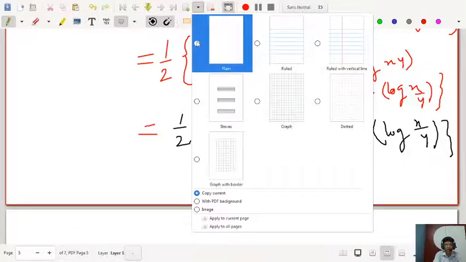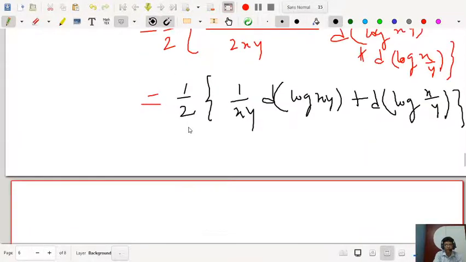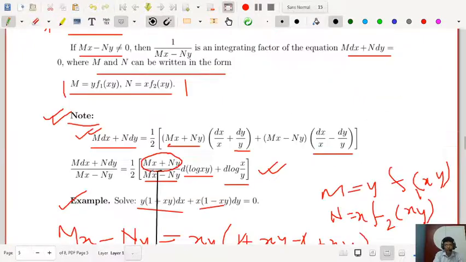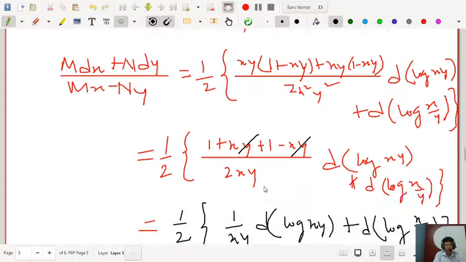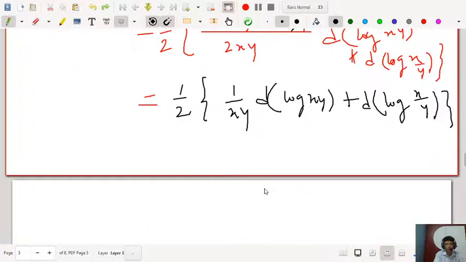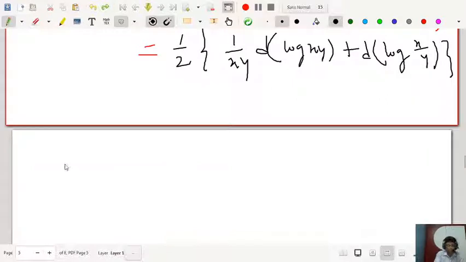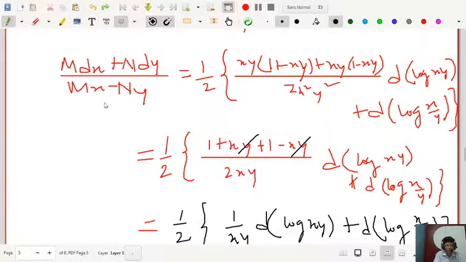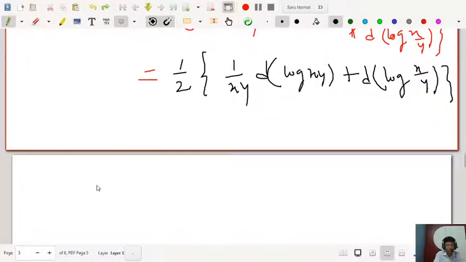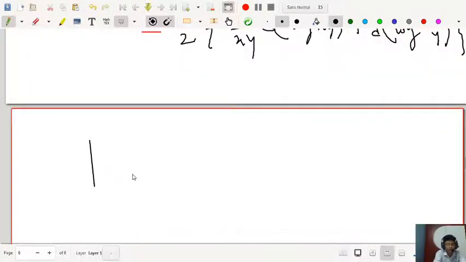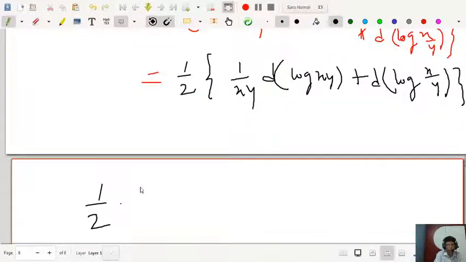Let's add a page here. I need a space to calculate. This is the last result. So you can write, this is as half. So I am writing mdx plus ndy over mx minus ny equal to 0. So this is equal to half 1 by xy, and d of log xy is 1 by xy d of xy, right?